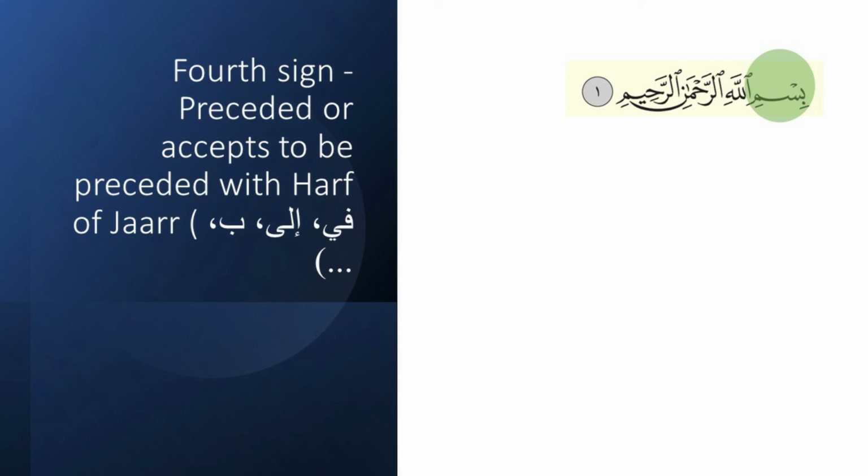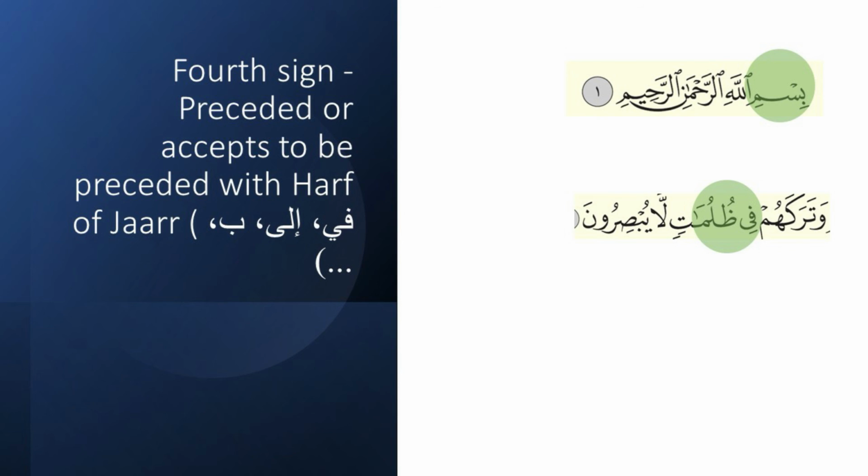In the word bism, you can see there is a ba at the beginning. This means the word ism is a noun. And also you can see that it's with kasra because of the ba, because of the harf al-jar. That's what the harf al-jar does. It basically gives kasra to the noun most of the time.